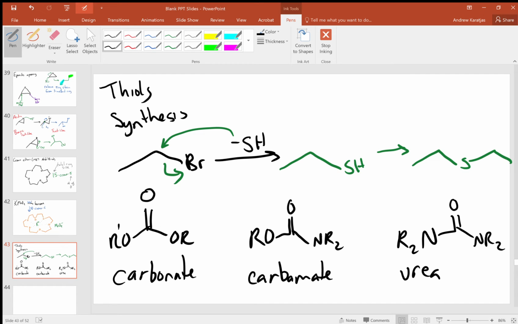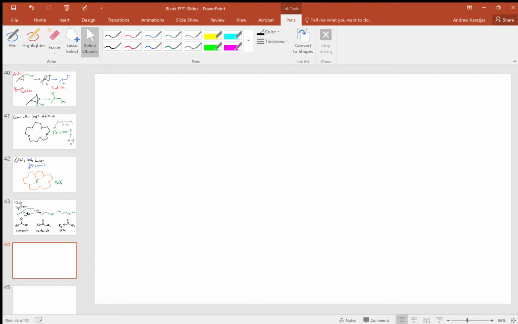And a urea is when we have two nitrogen groups bonded to the carbonyl. So then a thiourea is a urea, but where we've replaced that oxygen with a sulfur.